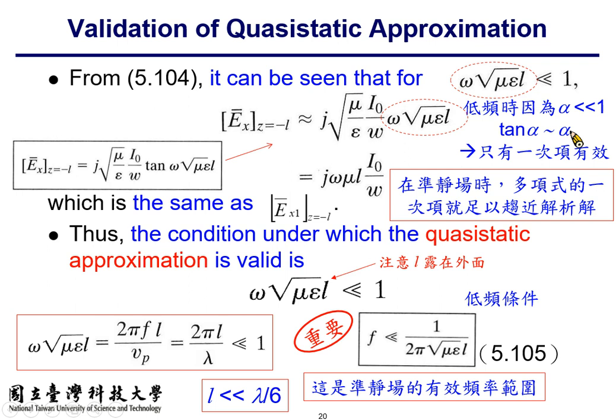Under what condition tangent alpha equals alpha can be met? It means L is much smaller than wavelengths. If the size of the structure is much smaller than wavelengths, then it shall meet the quasi-steady approximation requirement. You just need the EX1 term, first order approximation, to get the most meaningful answer.